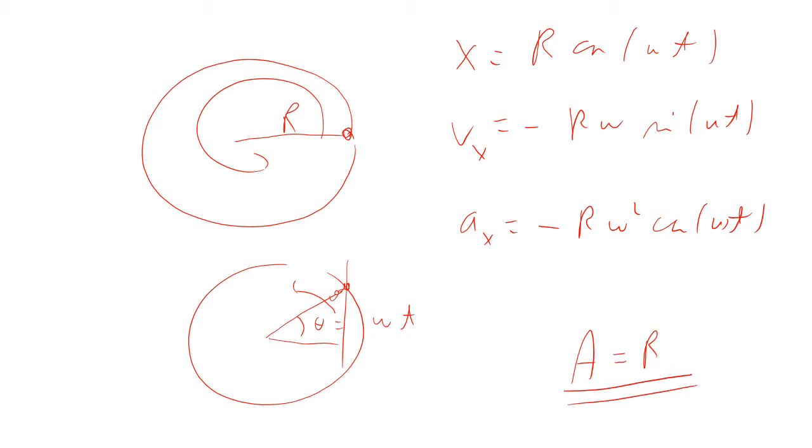So, in other words, we can even go one step further. We can talk about the centripetal force right here. And the centripetal force is going to be mv squared over r, right?